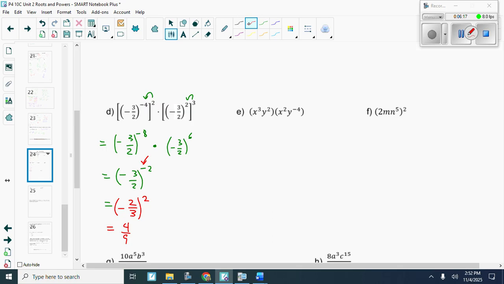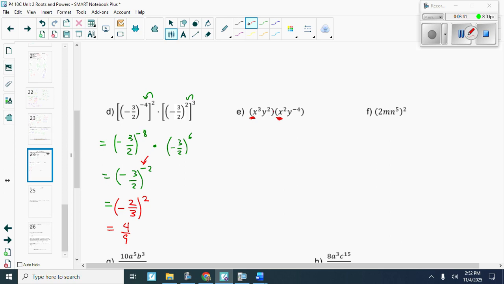Now, sometimes we might have a long string of different variables with different exponents. All you have to do is look at them in groups and do them in their groups. My first group are my x's. Same base, we're multiplying.